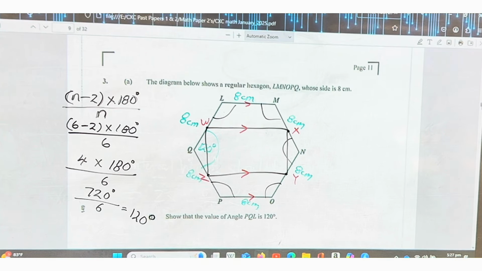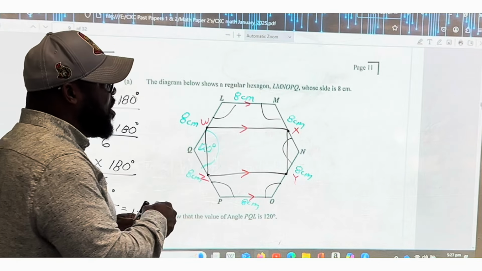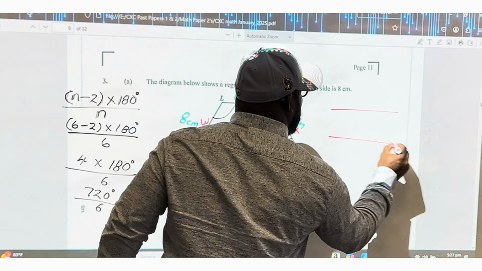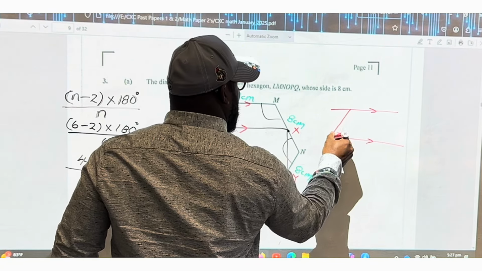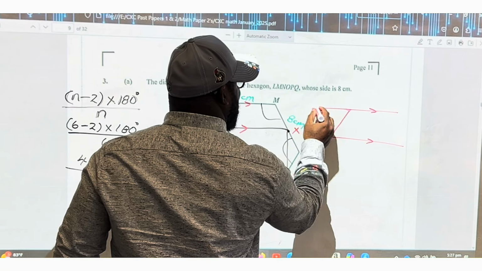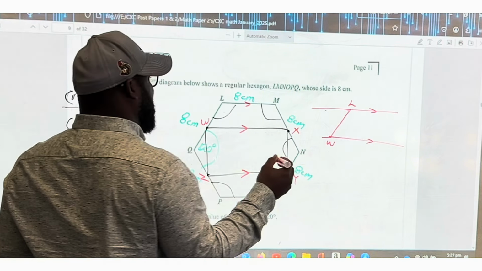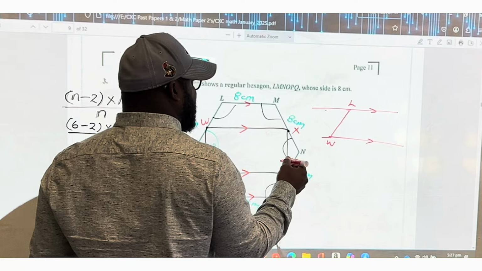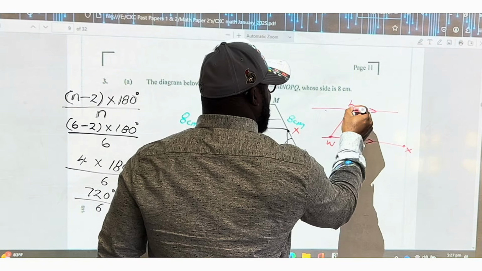Calculate the value of angle LWX. So we pull out just those sections: W, L, and X. See that?